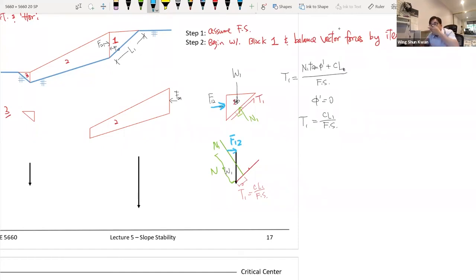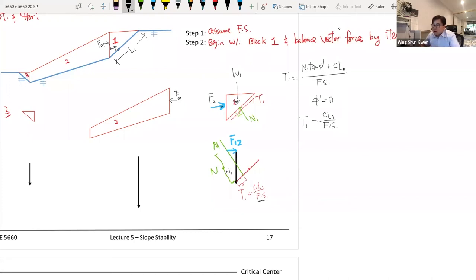So any questions here? I don't want to lose anyone. But everything you realize is based on the assumed factor of safety you start with. If you assume a different factor of safety, the scale of the T right there will change, and then you will change the N values and also the F12.